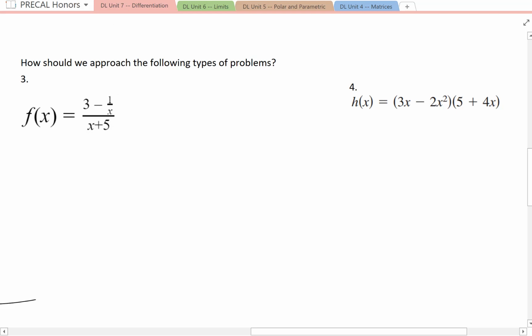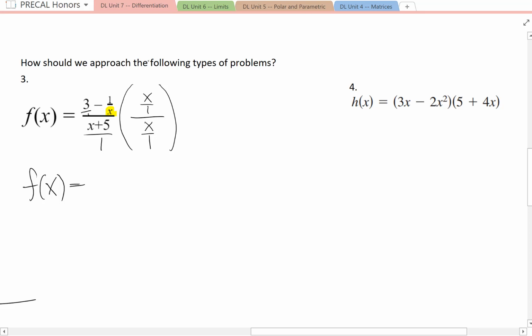So multiply by the LCD. This is over 1, this is over 1. So the only little denominator we have is this x. We're going to multiply the top by x and the bottom by x. You can even tell yourself it's x over 1 over x over 1.